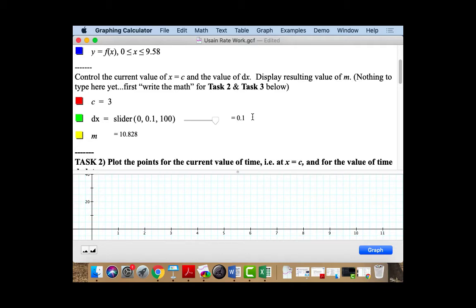So if I look from time 3 to time 3.1, in other words, that's the average rate of change over that 1/10 of a second, 10.828. So if I make that moment a little bit smaller, it would tell me more about his speed closer to time 3, but it also wouldn't apply for as long. So there's pluses and minuses to smaller intervals.